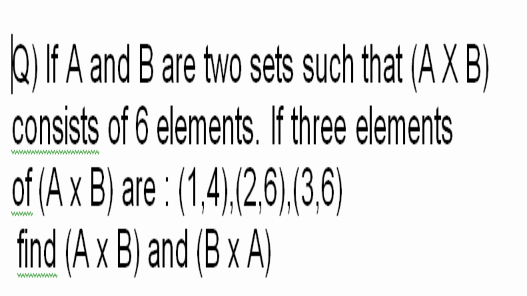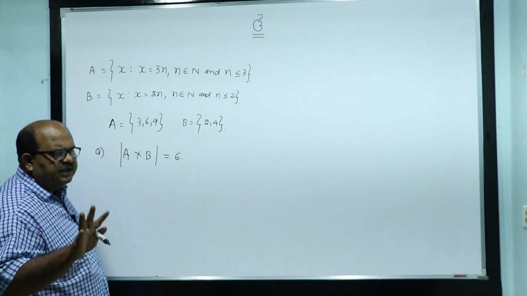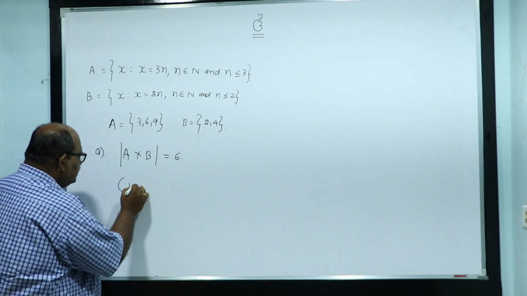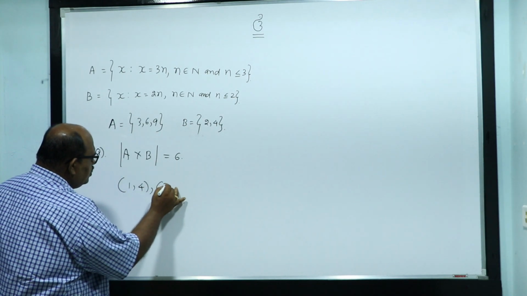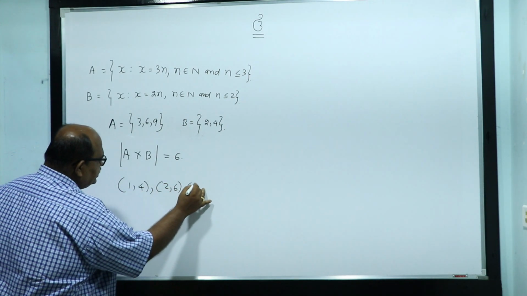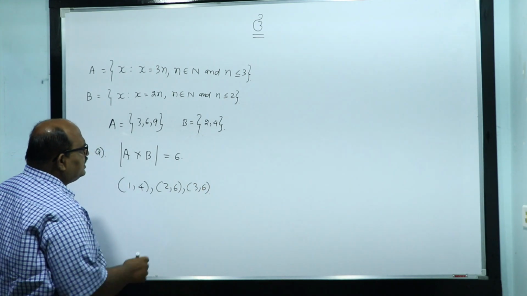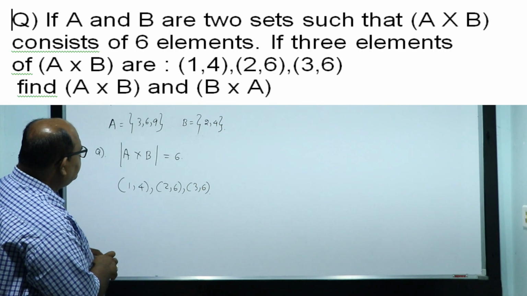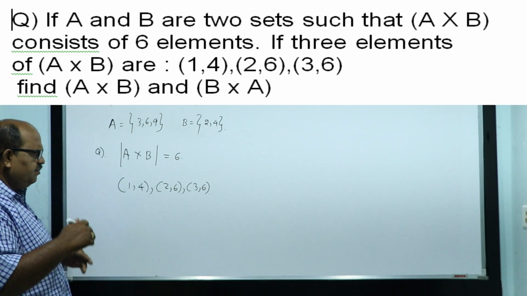The question is discussing two sets A and B and telling the number of elements present in A into B is equal to 6. Out of those 6 elements, 3 elements are given, that is (1, 4), (2, 6), (3, 6). It is asking to find the rest 3 elements.